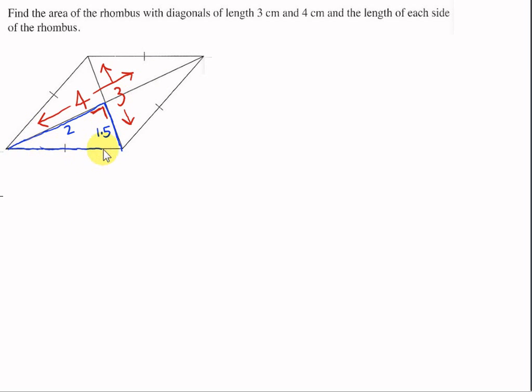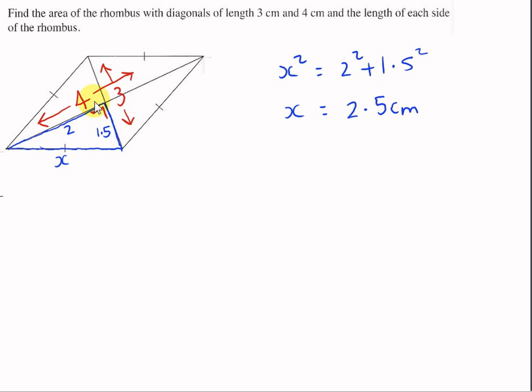We can just use Pythagoras. So if I call this x, we know from Pythagoras' theorem that the square of the hypotenuse is the sum of the squares of the other two sides. Now if you work this out, you'll get x equals 2.5. Now all four sides are the same, of course, so all four sides are 2.5 units long, 2.5 centimeters actually.